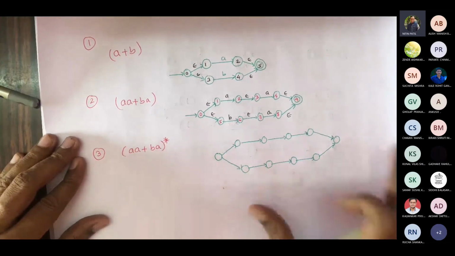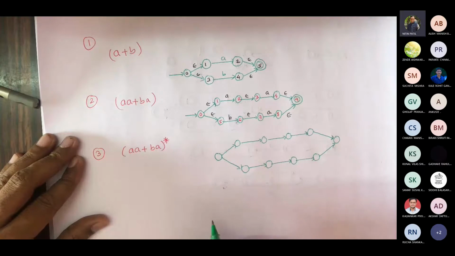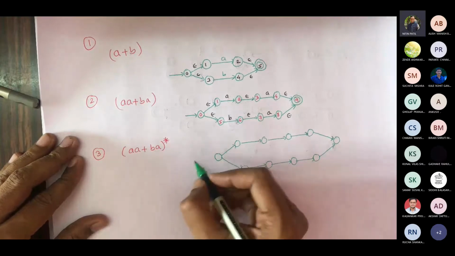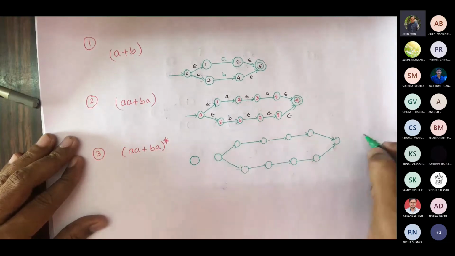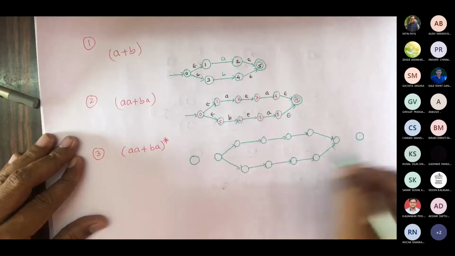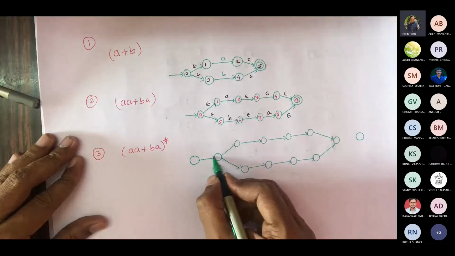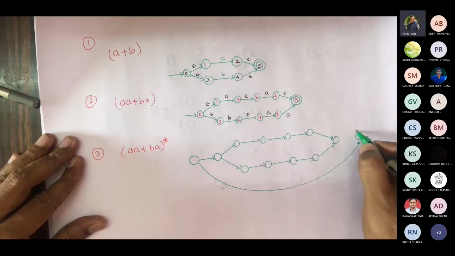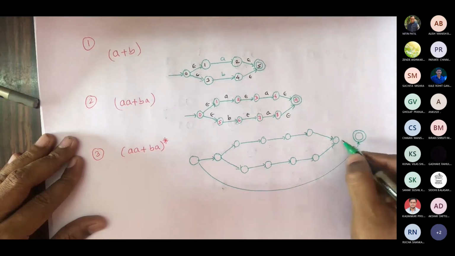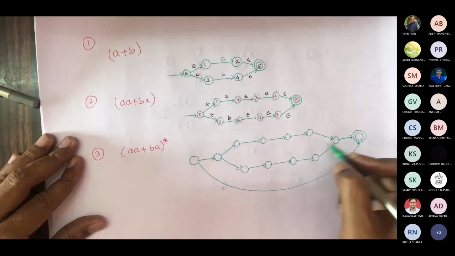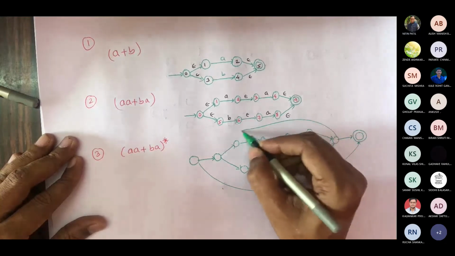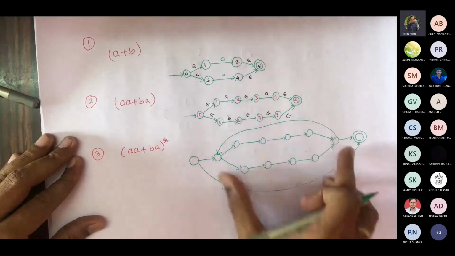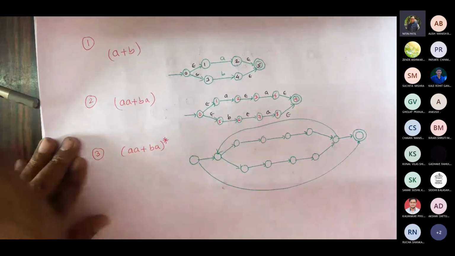Fine, AA plus BA is done. Now we have to work with the star. So add two states, 1, 2, and 4 transitions. This is your final, 3, and then 4, initial to this. Correct?